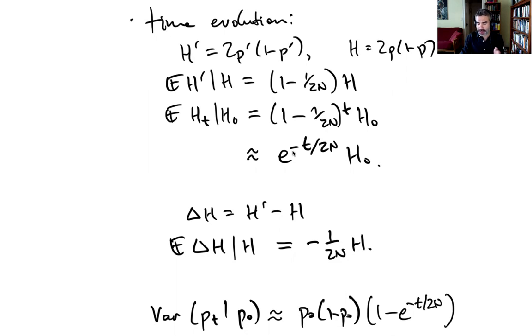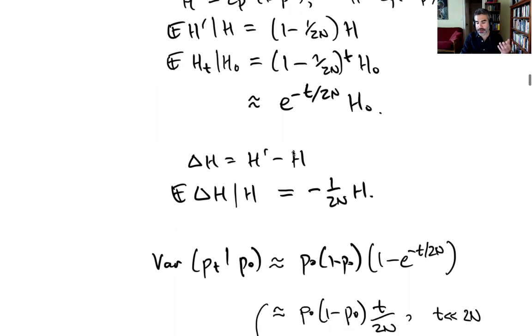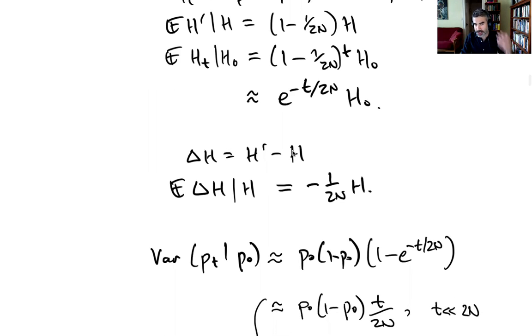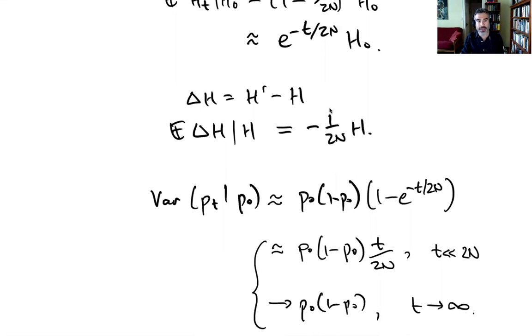And if you think about that equation for short times, you can use a linear approximation, which clearly generalizes the single generation evolution rule. But in the long time limit, p_t tends to the absorbing state, which is actually a Bernoulli random variable. It's 0 or 1. It's lost or fixed. And you see the variance of that Bernoulli is p naught (1 minus p naught) in the long time limit.